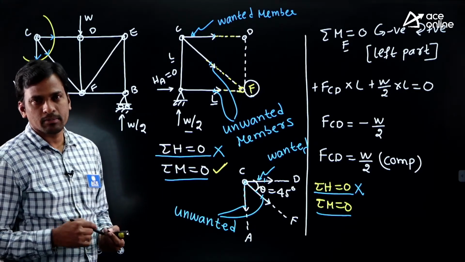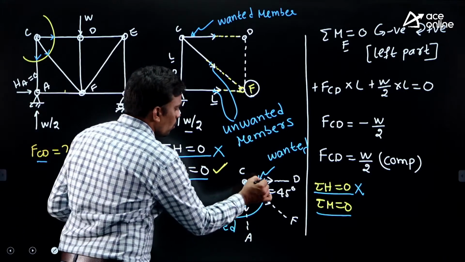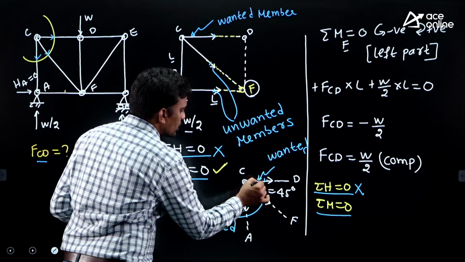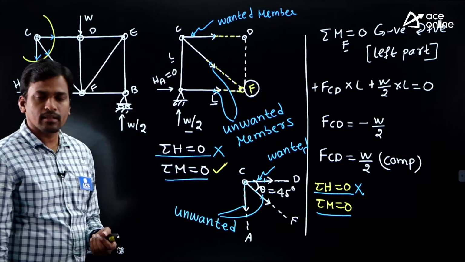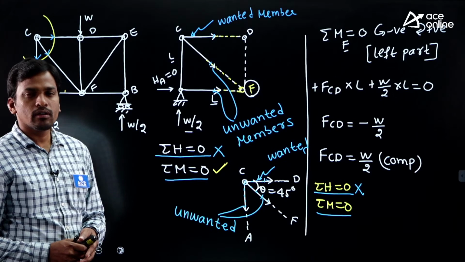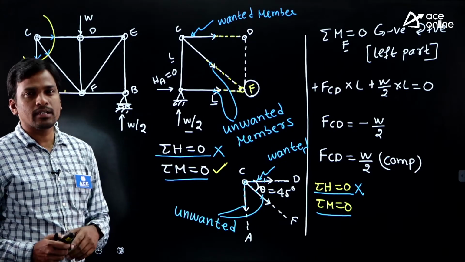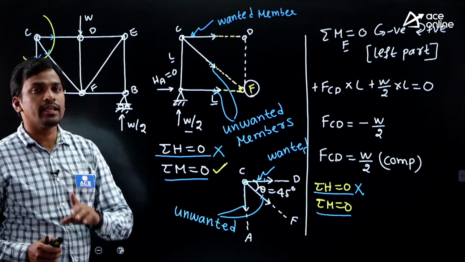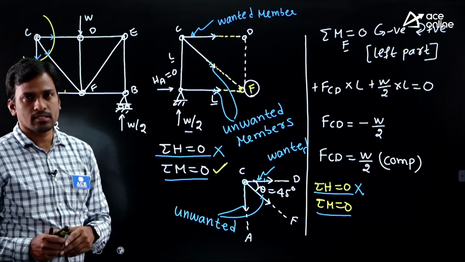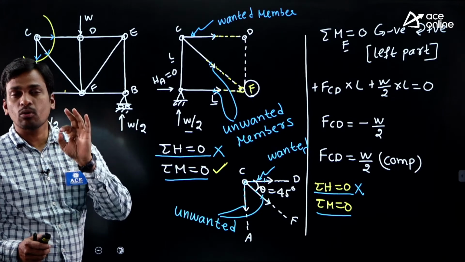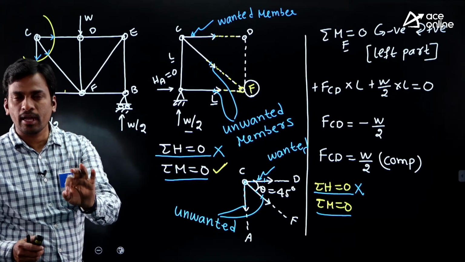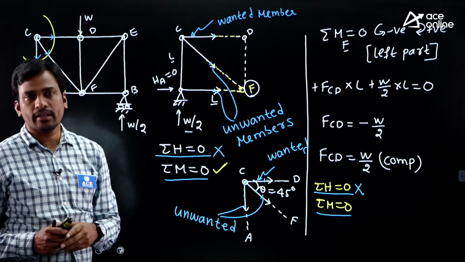No, it is not possible. The reason is, the line of action of the wanted member is also meeting at joint C. I told you not all the cut members should meet at a single joint. I told only unwanted members should meet at a single joint.